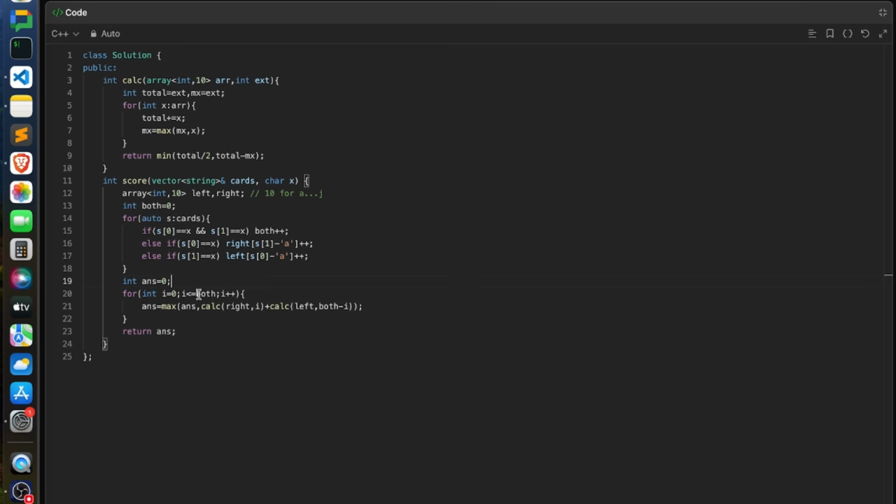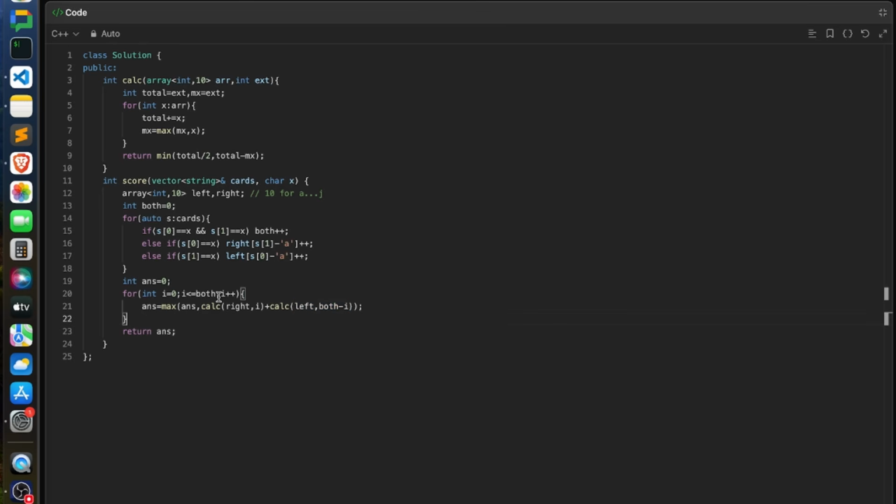So this is my answer. I'm going through all possible ways to divide this both, the type 1 cards, because we know that we can form a pair with one of type 1 and type 2 and one with type 1 and type 3. So this is with i number of type 1 with type 2, and the remaining is both minus i number of type 1 with type 3.